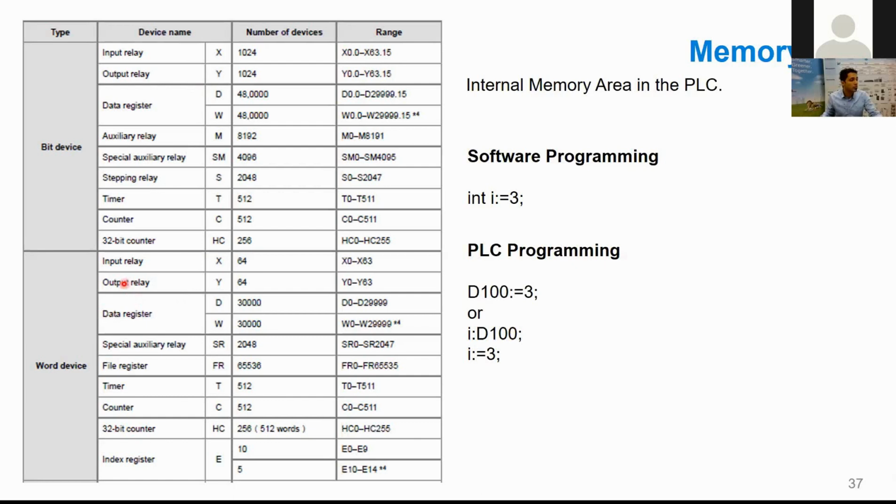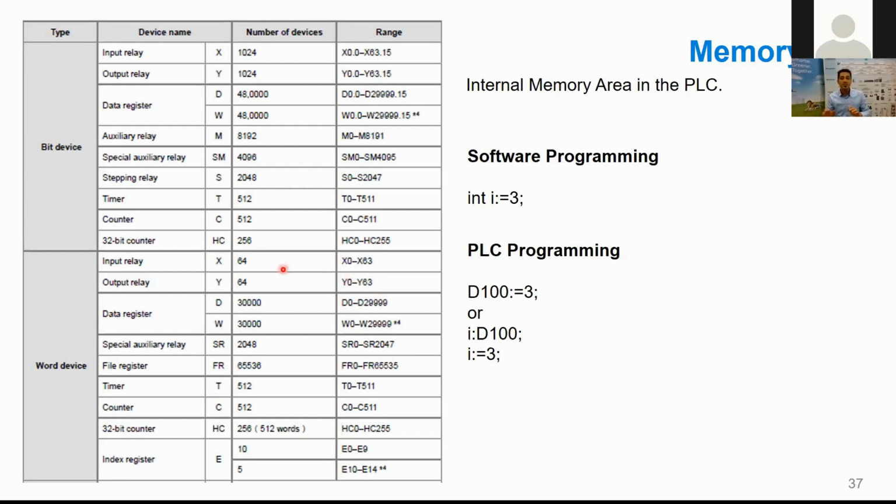But if you want to use it as a word, we just need to define the channel itself, and each channel has 16 bits. On the same principle, we can use data register. It can be used as a bit or as a channel. It is the same memory area, which just allows you to control the 16 bits altogether or only 1 bit in a word. So it is quite flexible.